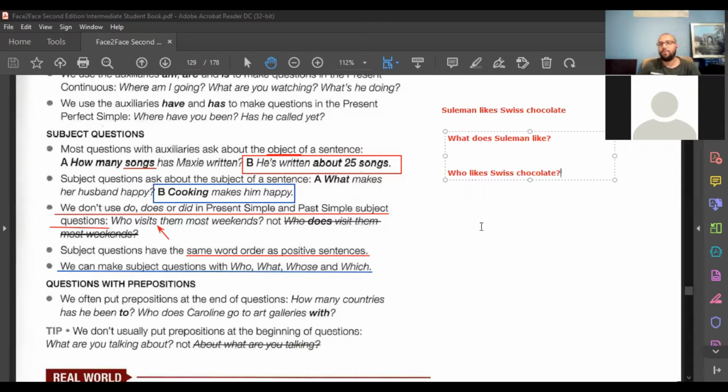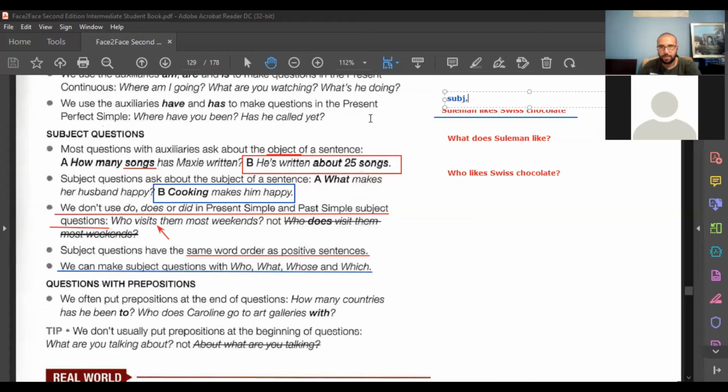Now before we answer, let's look at the positive sentence first. Sulaiman likes Swiss chocolate. Now where is the subject in this sentence? The subject is Sulaiman. Exactly. The verb is likes.